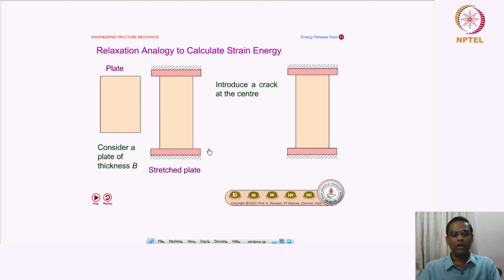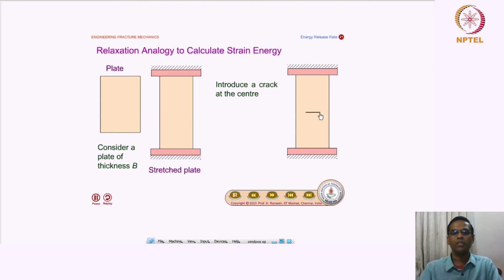Just for our understanding, we can think of an elastic strip which is being stretched and then sealed here in a stretched condition. That is also true for the brittle solid, which is the actual thing we are discussing. But to understand what we are referring to here, we can think of some elastic material and then introduce a crack at the center.